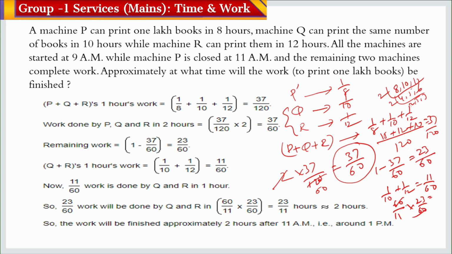Means approximately 2 hours. Means Q and R combinedly work for 2 hours. From 9 to 11, all the 3 machines, P, Q, R work.